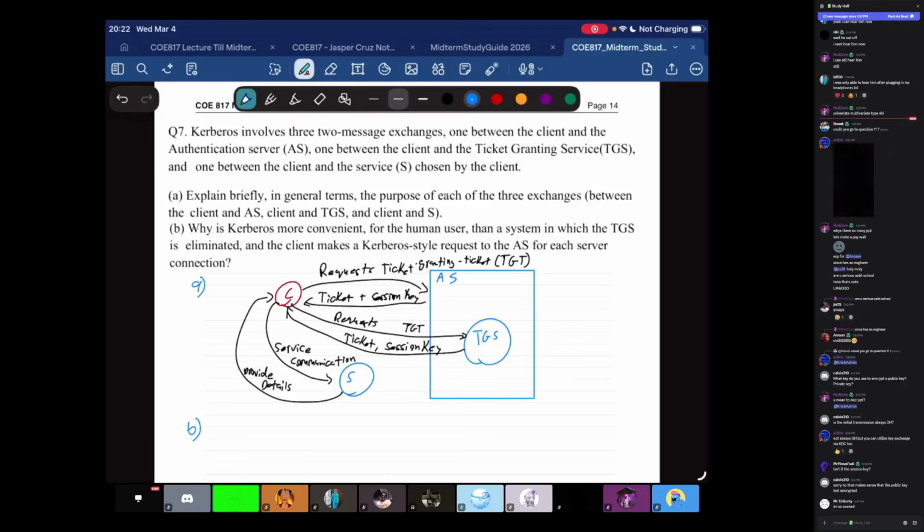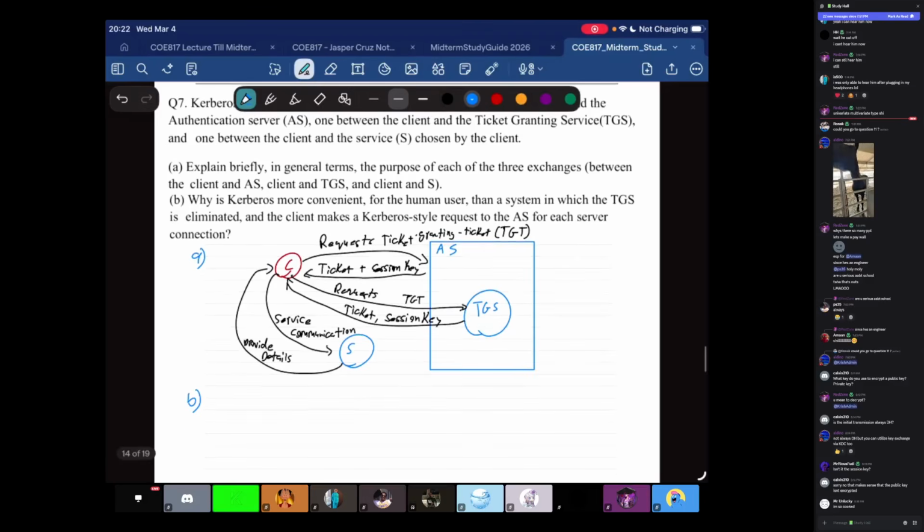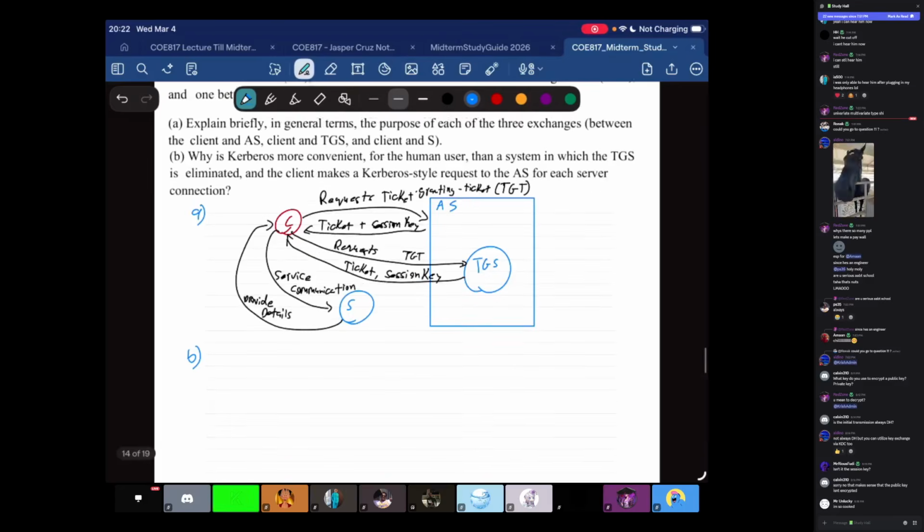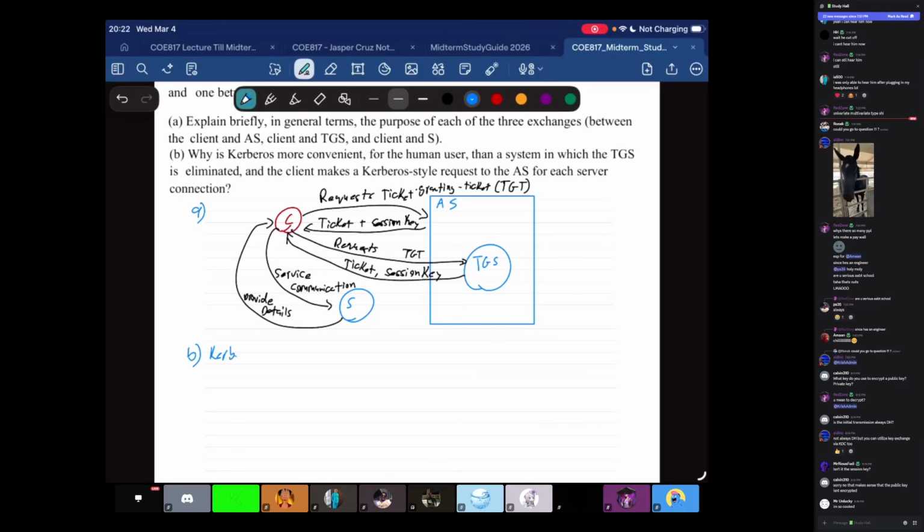As also explained, the whole purpose of Kerberos is to make it so that the client only has to authenticate itself once with the authenticating service, and after that it will get as many tickets as it needs to communicate with the services. So that's the reason. Kerberos is meant for SSO or single sign-on.